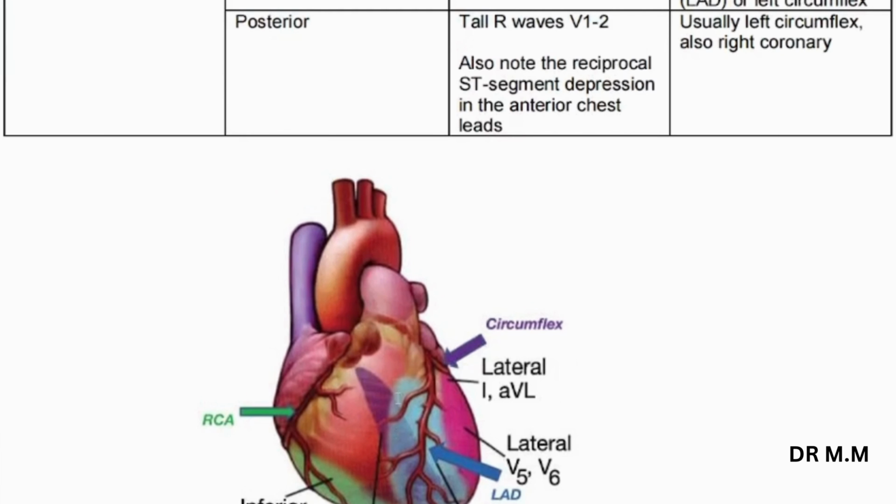If we can see tall R waves in leads V1, V2, it shows that the patient has posterior MI. Also note the reciprocal ST segment depression in the anterior chest leads.